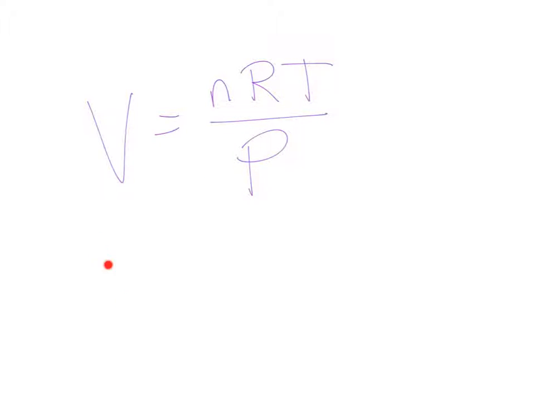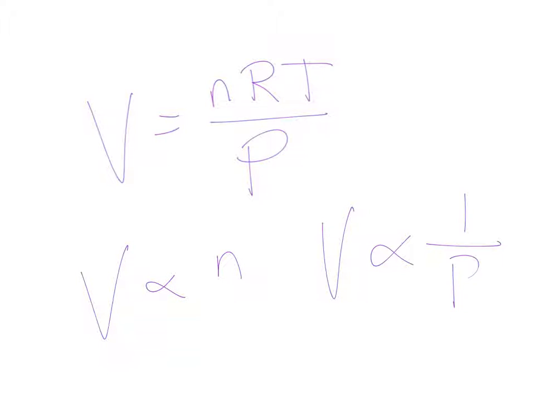So the point is, volume is proportional to the number of moles, and it's proportional to 1 over pressure. So if you have either of these things, you can figure out your volume by using the ideal gas law, and that's what we're going to do.